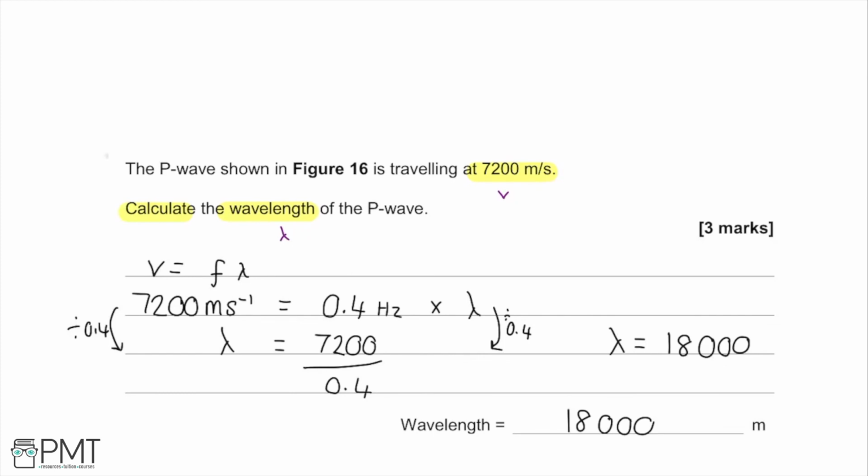So if we look at the formula here, we had the 7,200, which was in metres per second, divided by 0.4 Hertz, and an alternative unit for Hertz is just per second. So then these cancel out, leaving us with a unit of metres, which is what we've got at the bottom here. So we get each of our marks for firstly substituting the values in, doing the division, and then coming to the final correct answer at the end here.